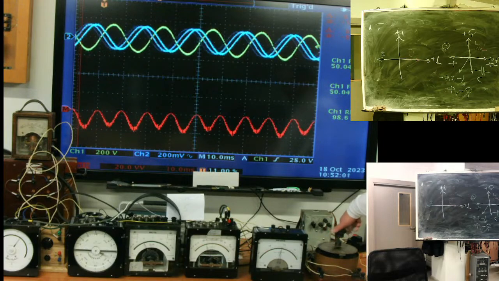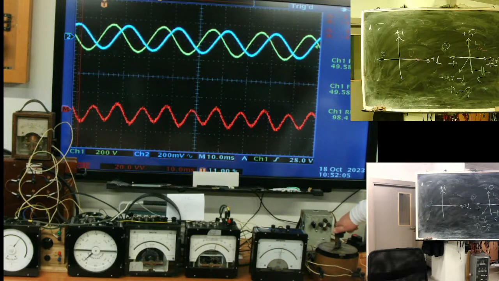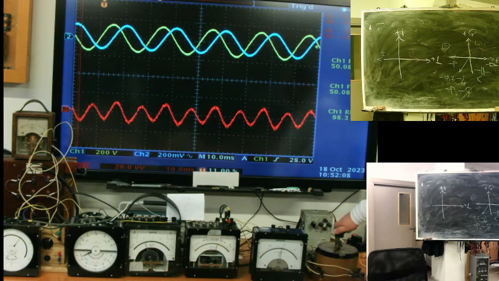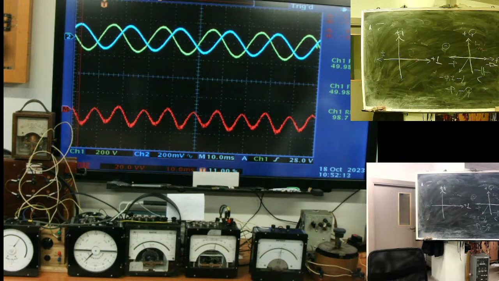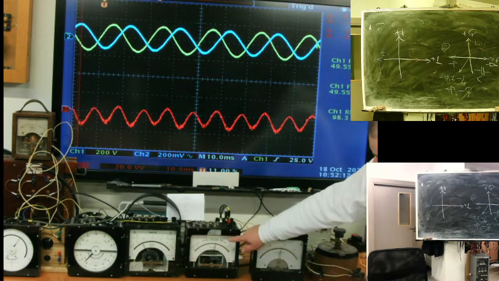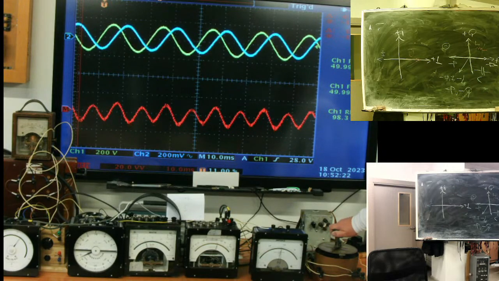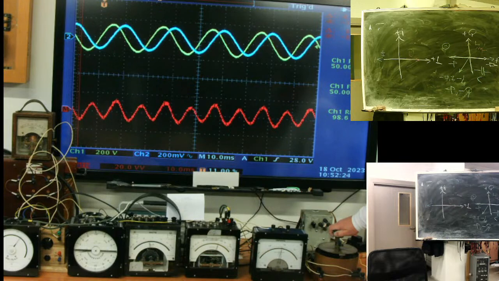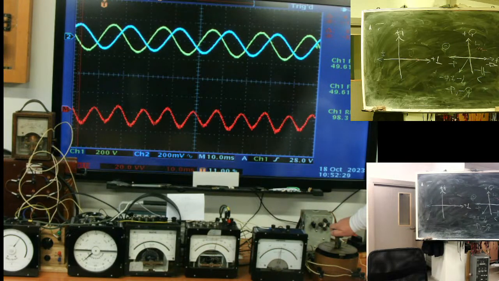Here it is. Watch this regime. Minus P plus Q. Somewhere like here. Yeah, something like this. 10 on 10.